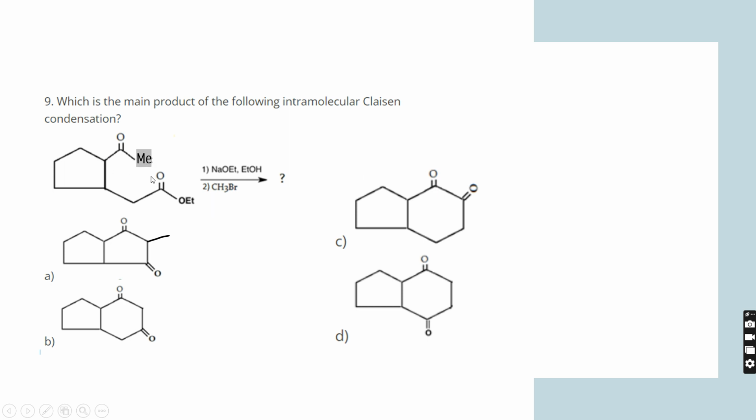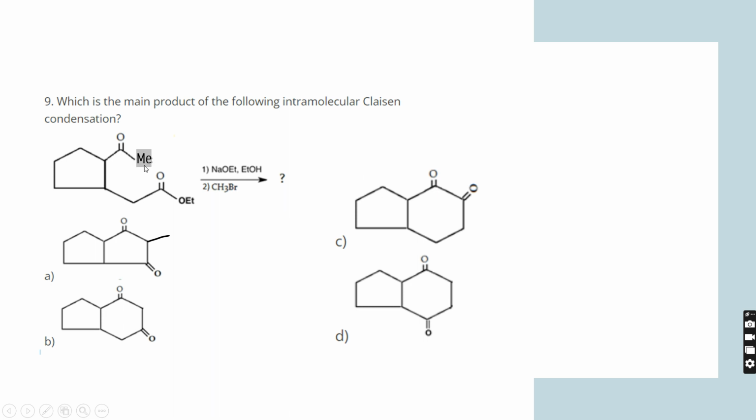Why is it so? Because for ester, you have electron pushing from the ethoxide oxygen. So this center is not that much electron deficient, and thereby these two protons will not be that much acidic. But for the ketone, these two side protons will be acidic.